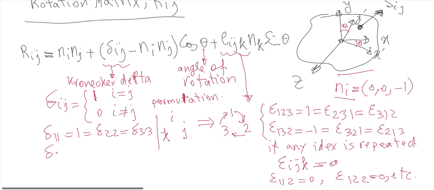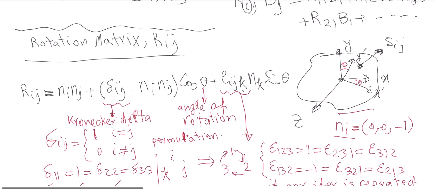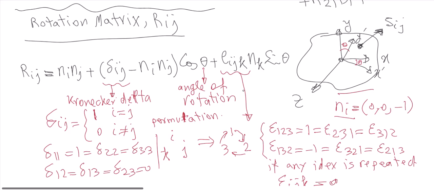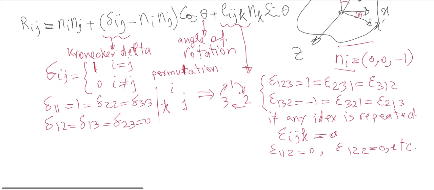But delta 1, 2 equal to delta 1, 3 equal to delta 2, 3 equal to 0. So these are the definitions. You may feel that we are introducing too many definitions and symbols here, but trust me, this will help a lot, especially in 3D.